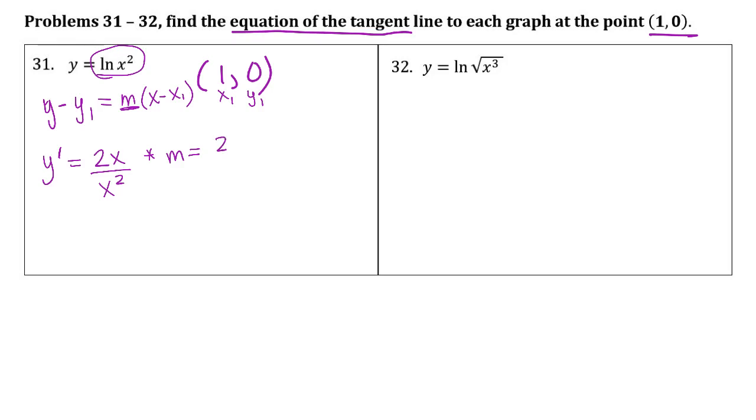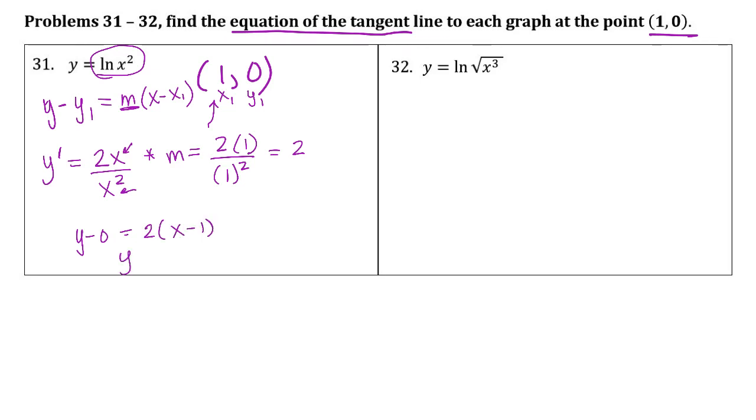So I'm going to have 2 times 1 all over 1 squared. And the reason why I'm doing that is because this x value here and here is the same x value that we have up here. So all that's going to give us 2. And so our equation is going to be y minus 0 equals 2 times x minus 1.